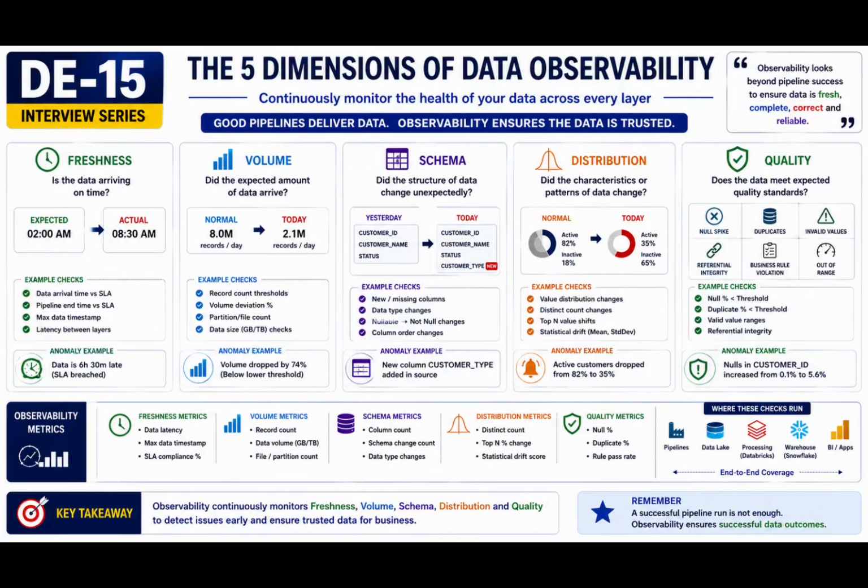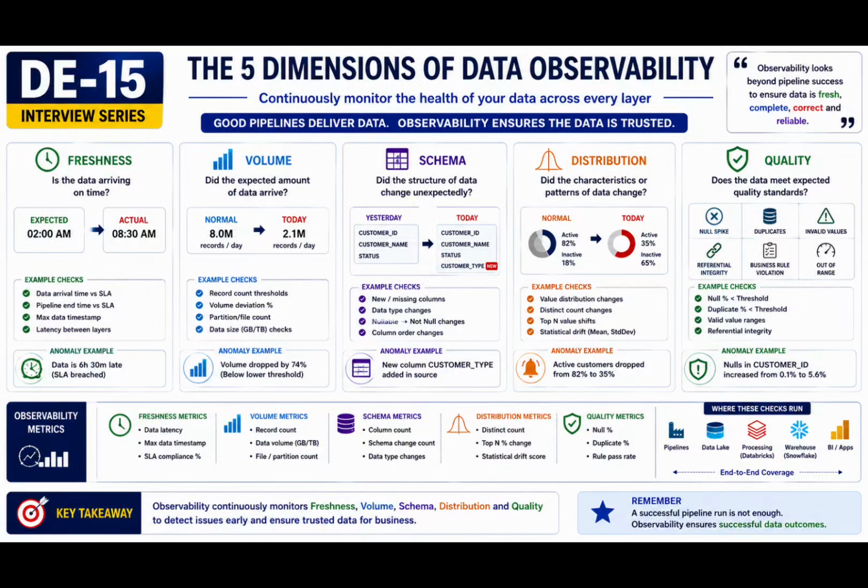The pipeline may succeed, and the row count may also look normal, but the distribution has changed dramatically. This could indicate a source system problem, a business rule change, a transformation defect, or an actual business event. So distribution monitoring helps detect problems that simple row count checks cannot identify.